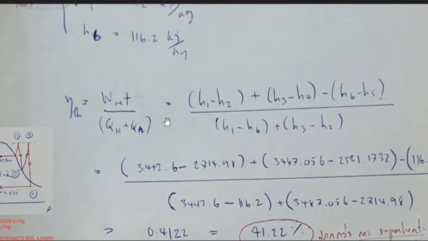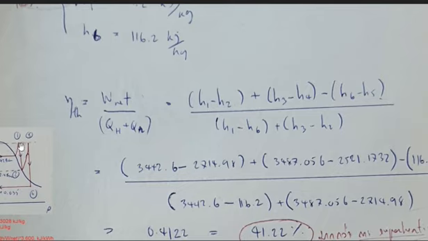Work net is equal to H1 minus H2 plus H3 minus H4, which is the amount of work given by high pressure turbine plus the amount of work that we get from the low pressure turbine, minus H6 minus H5, which is the amount of work that we put into the pump, divided by QH.